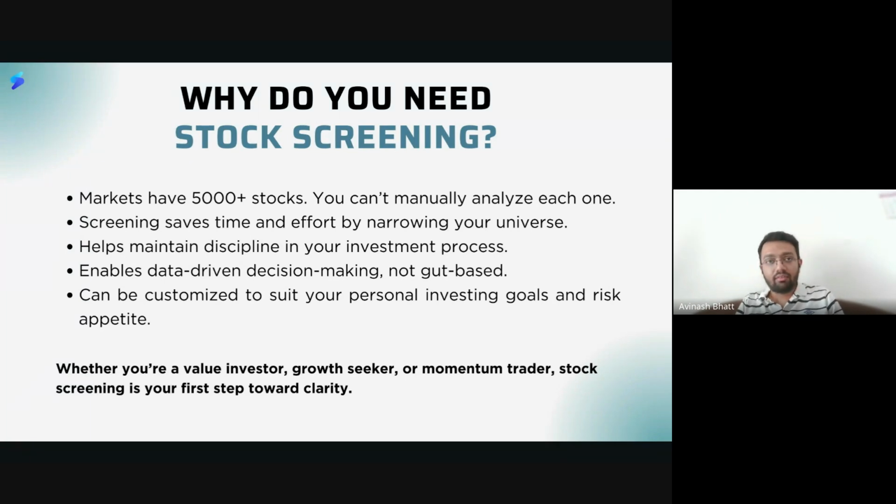But if you are a value investor, then your screen will be entirely different. Whether you are a value investor, growth seeker, or momentum trader, stock screening is your first step toward clarity. Because at the end of the day, we need a list of stocks that we can focus on and then find the right ideas based on our investing style.